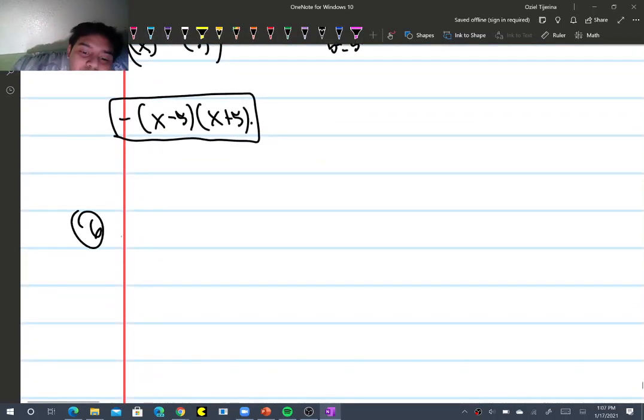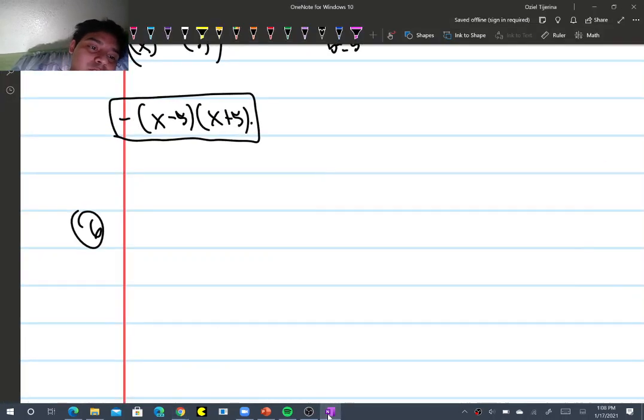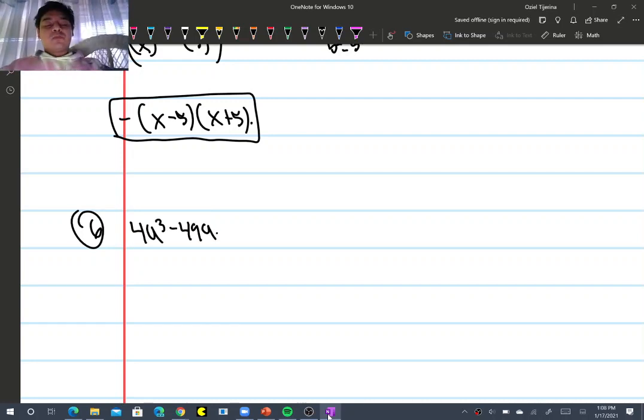Number 6. 4a cubed minus 49a. So looking at this, I can clearly see that there's no number that they're both divisible by. 4 and 49 don't share a common factor other than 1.